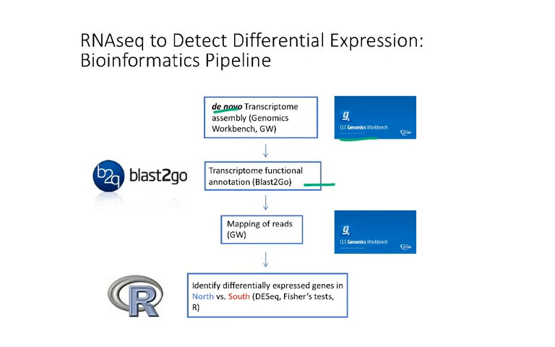And then we mapped reads using the same program to get an idea of gene expression level at these different genes, and used an R package called DEseq to identify genes that were significantly differentially expressed in the 2 different geographic regions.